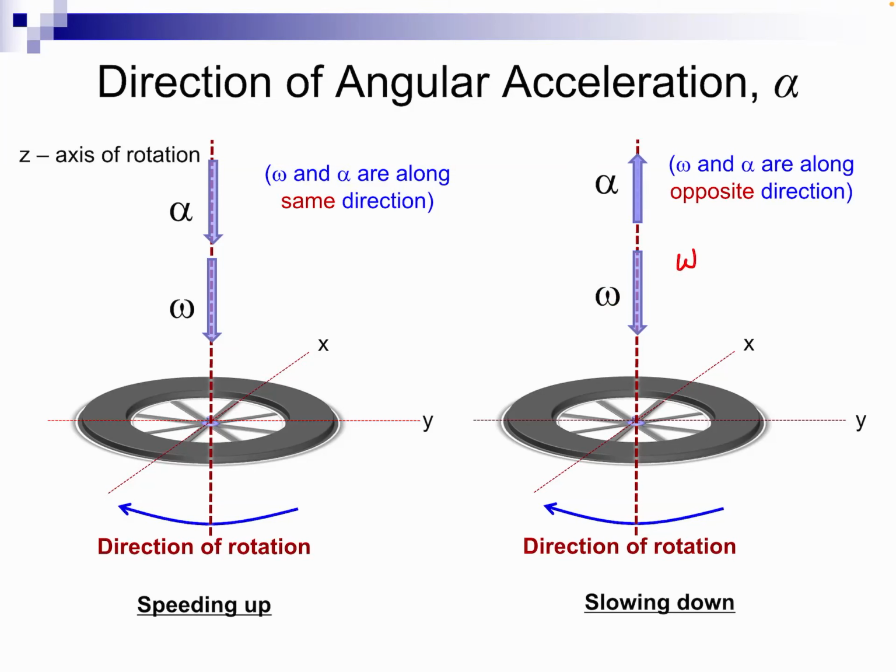Remember that angular velocity is positive for anti-clockwise rotation and negative for clockwise rotation. Once you've determined the direction of your angular velocity, look at the context, whether the rotation is speeding up or slowing down. If it's slowing down, the sign of your angular acceleration will be opposite the sign of angular velocity. If it's speeding up, the signs will be the same.